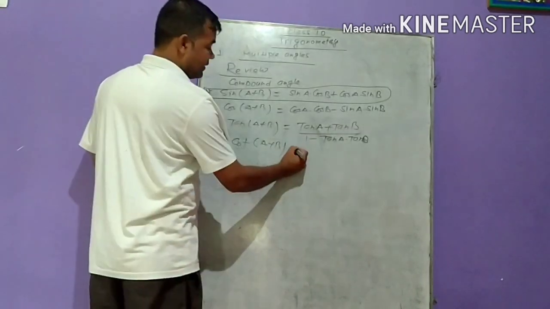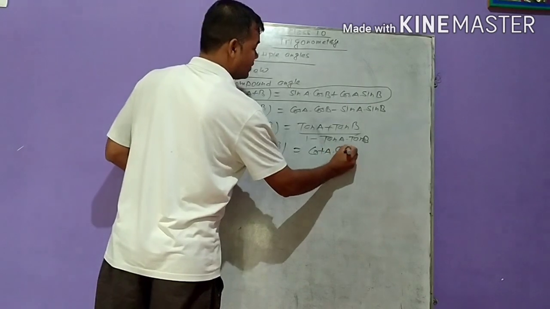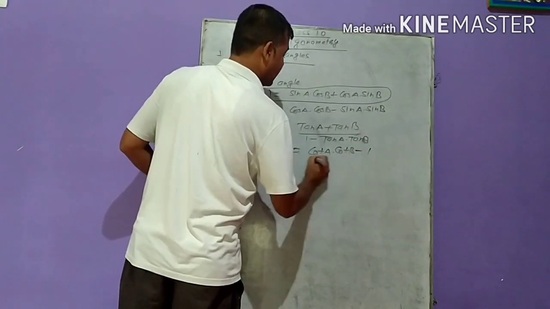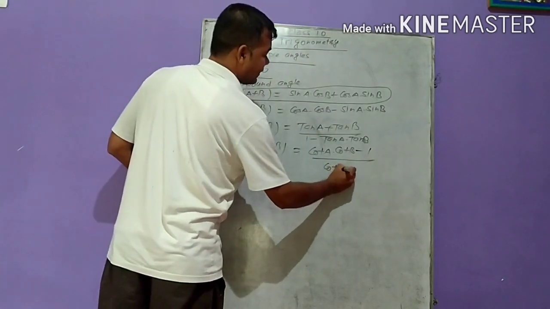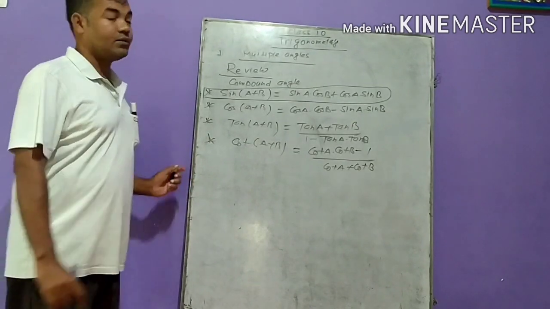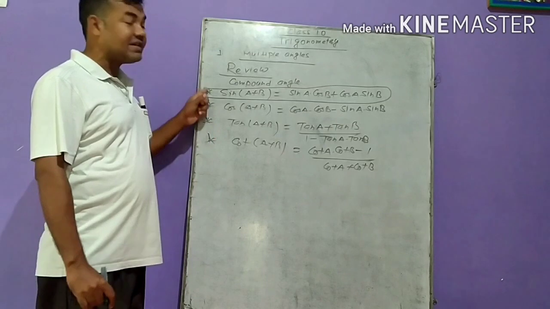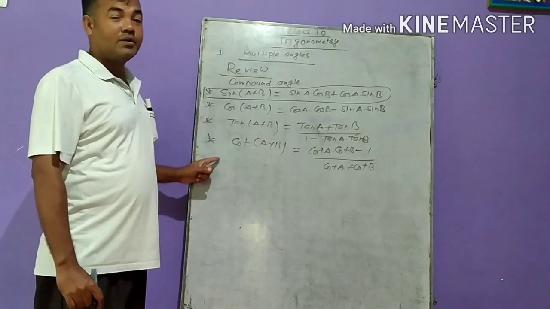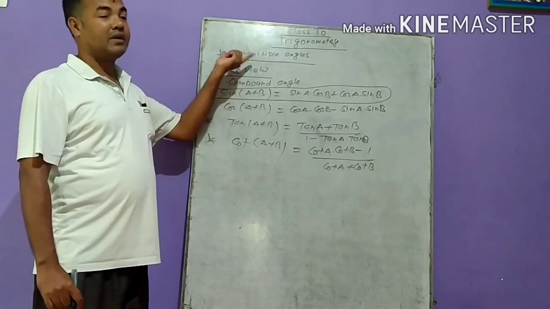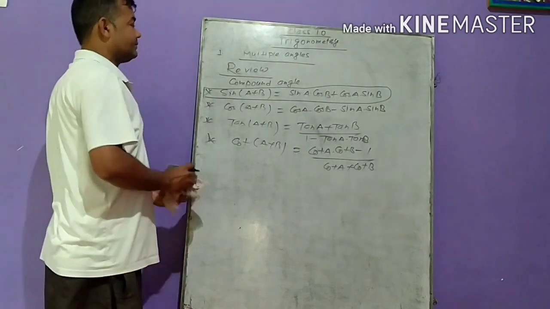In the same way, cot A plus B means cot A into cot B minus 1 upon cot A plus cot B. These are the identities which we have discussed in class 9. And with the help of these identities, we are going to find out the values of the multiple angles. So now we have to start our lesson.